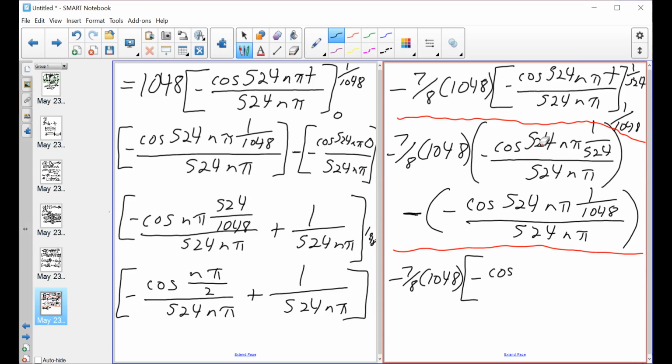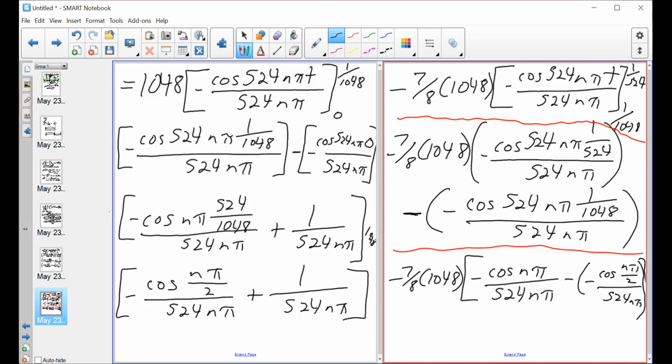So again, try to leave out as many extraneous details as possible. Cosine n pi. 524 divided by 524 is just 1, so this is negative cosine n pi, 524 n pi, minus, this is going to be n pi over 2, over 524 n pi.